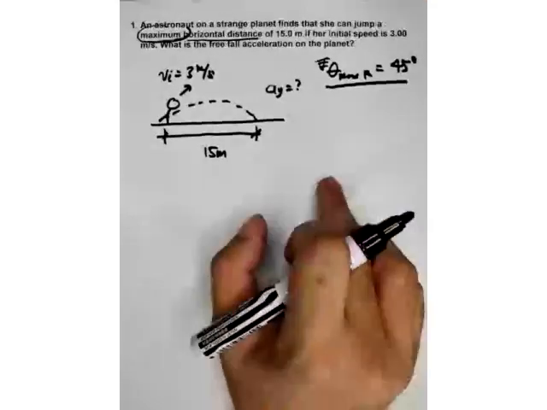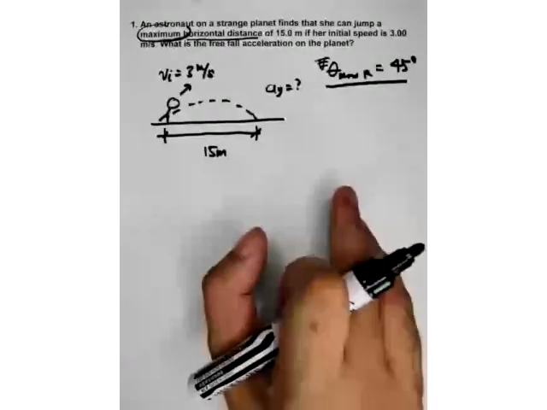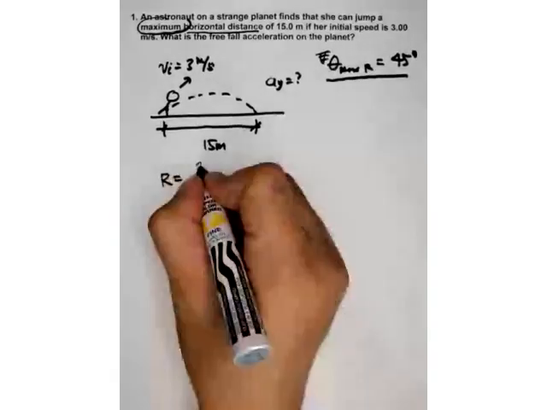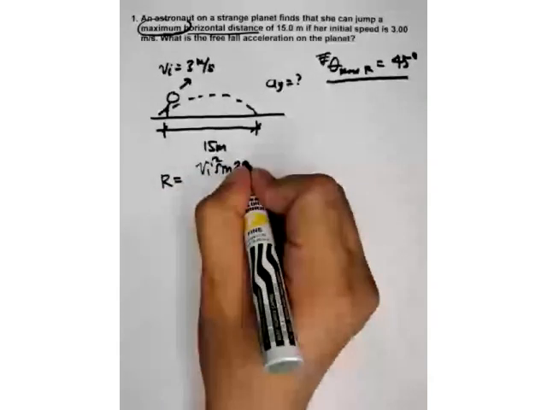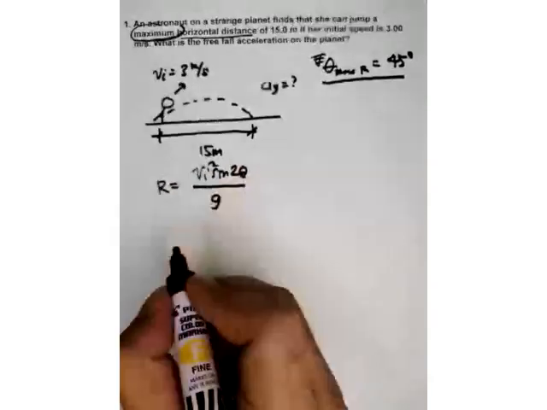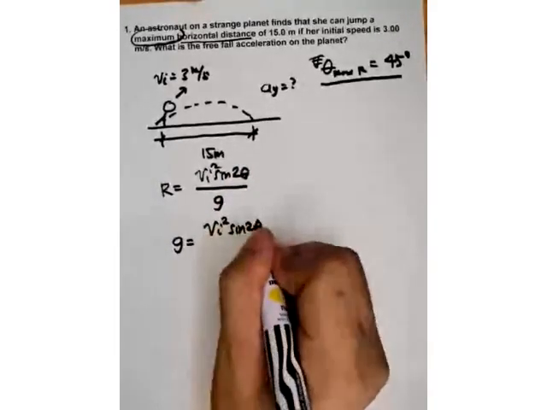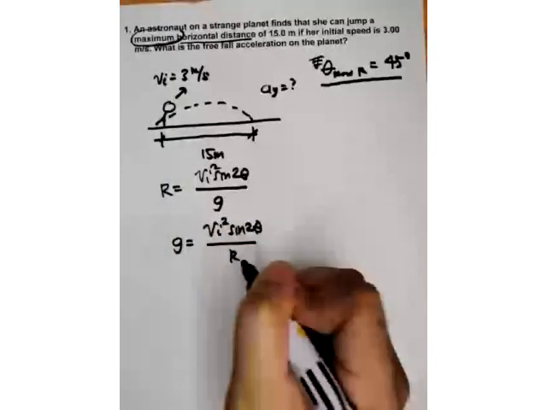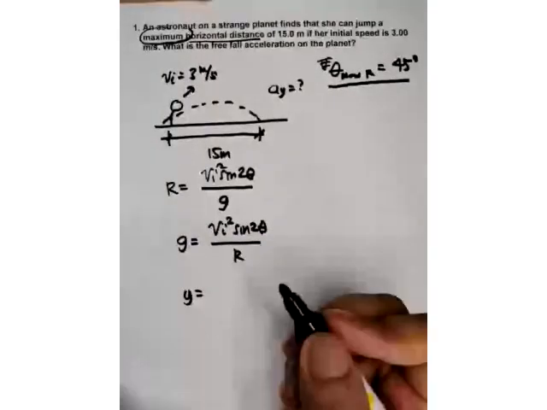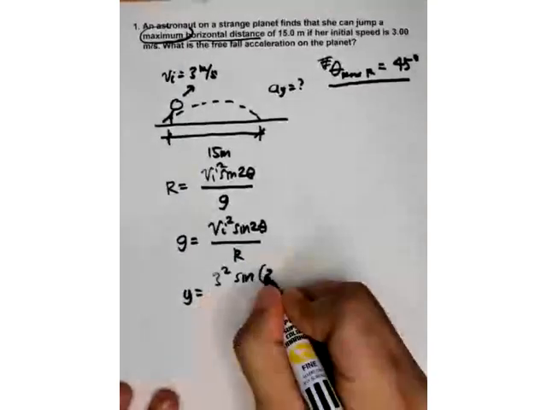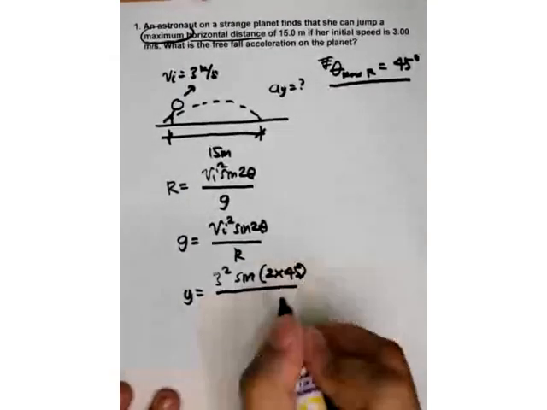Got it? It is given. So always, at maximum range, the angle should be 45 degrees. Our formula for range is VI squared sine 2 theta over G. We are looking for G, so G should be equal to VI squared sine 2 theta over R. Substitute: that's 3 squared sine 2 times 45 over 15.